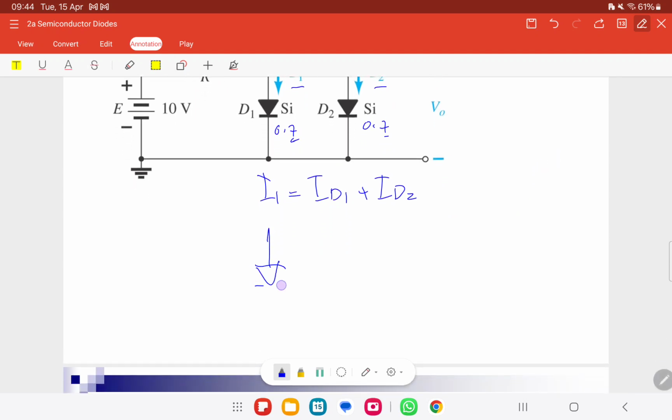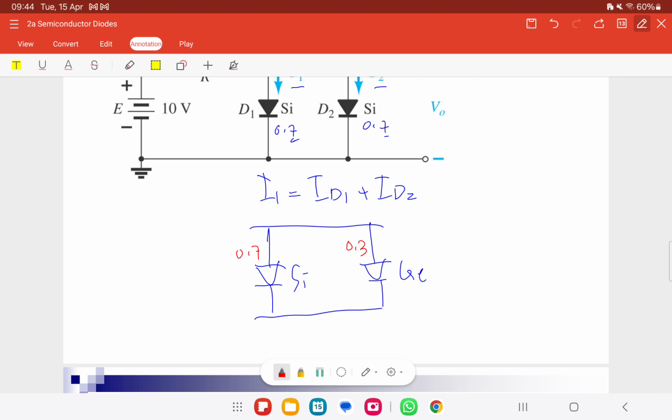The problem here, kalau we have the diode, satu silicon, another one is germanium. If we have one silicon and one germanium, this is 0.7, this one is 0.3. So the current nak lalu yang mana?